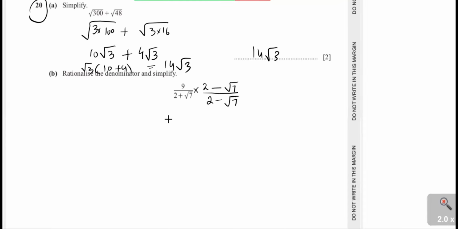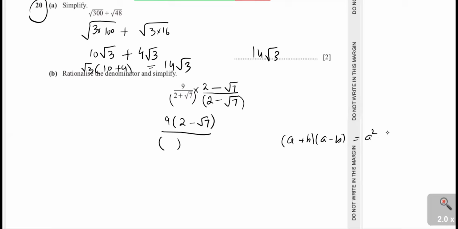Look here, we can write this as 9 into 2 minus square root 7, over 2 plus square root 7 into 2 minus square root 7. We will use this identity: A plus B into A minus B equals A square minus B square.